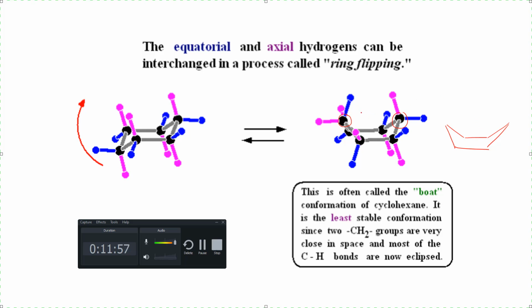This is a very unstable conformation for cyclohexane because these two hydrogens right here are very close in space, and these are called the flagpole positions. These hydrogens being very close together, those are clouds of electron density, are going to be repelling each other. And so the boat conformation of cyclohexane is the least stable conformation.